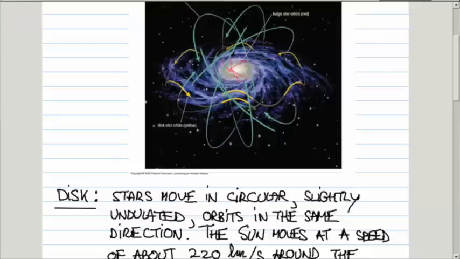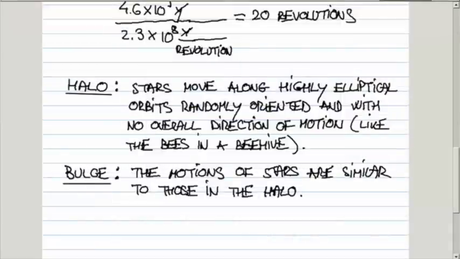There is no definite trend like in the disk that all move coherently in the same direction. So all these things, the structure, the composition of the three major parts, the way the stars in those three parts move, would give us hints as to how perhaps a galaxy like our own, the Milky Way, was formed.